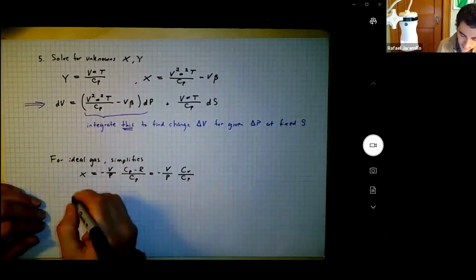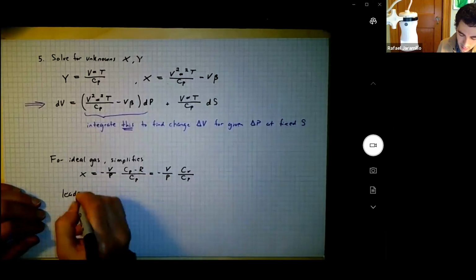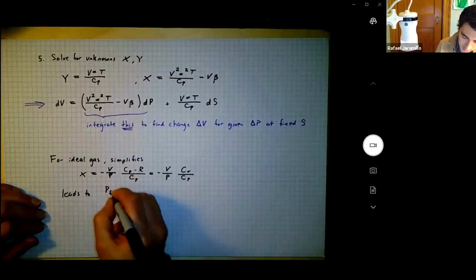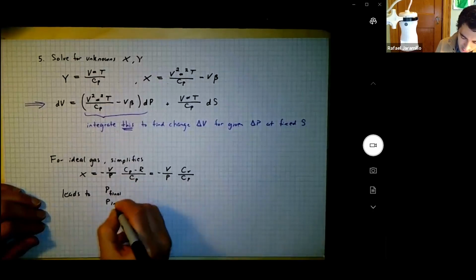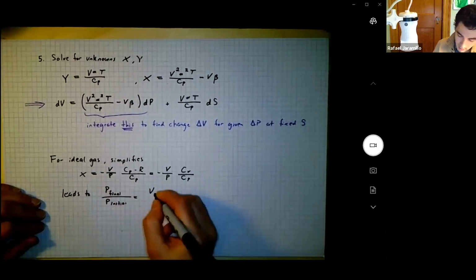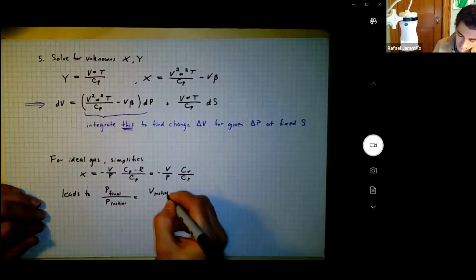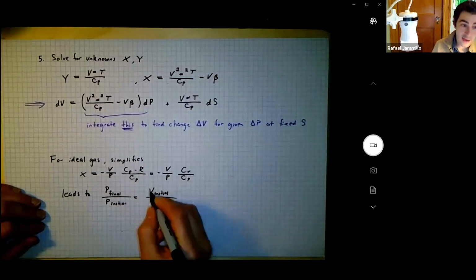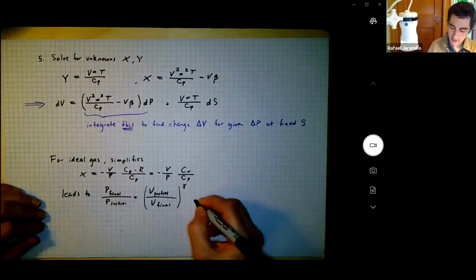And this leads to an expression which before we just gave you, P final over P initial equals V initial over V final. So this is where that comes from, if you use this expression for an adiabatic process for an ideal gas.